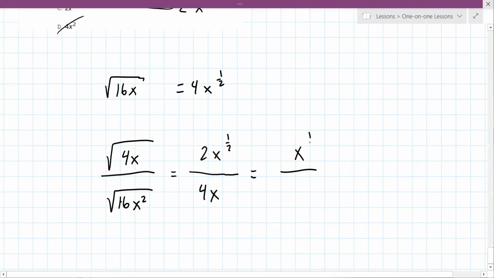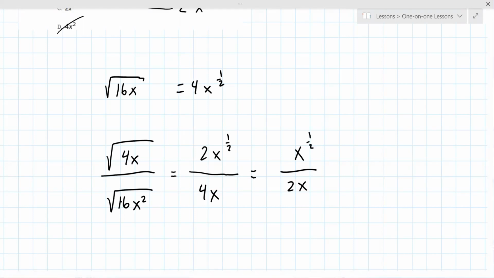It is, but then you have to deal with the x. There's a rule for exponents. If it's x to the n over x to the m, do you remember what that becomes? You subtract them. So you subtract 1/2 minus 1.